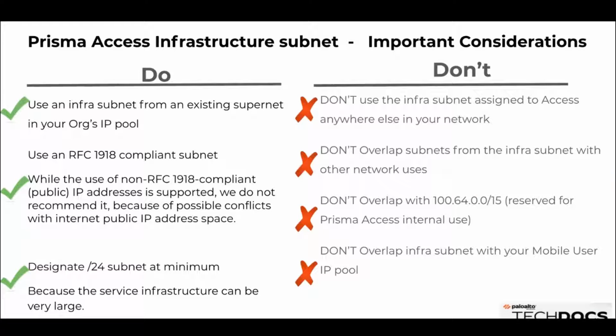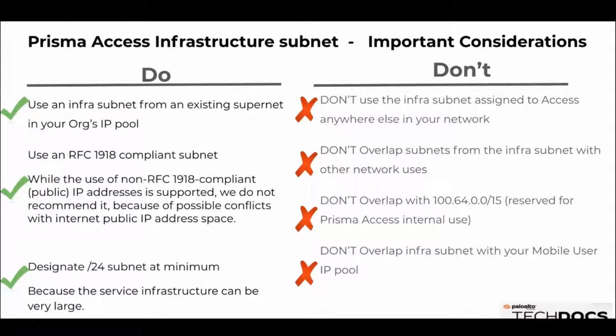While we recommend using an RFC 1918 compliant subnet, make sure that you're not using public IPs which have a conflict with or overlap with the RFC 1918. Designate a slash 24 subnet at minimum because this service connection can be very large. So the minimum should be slash 24.